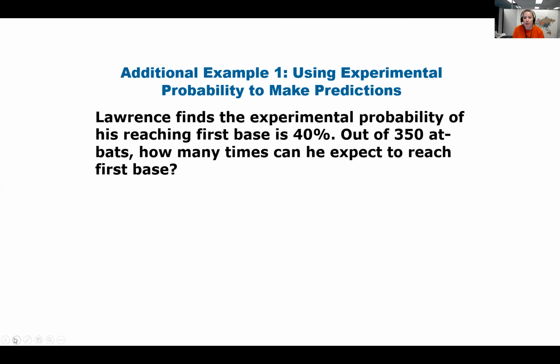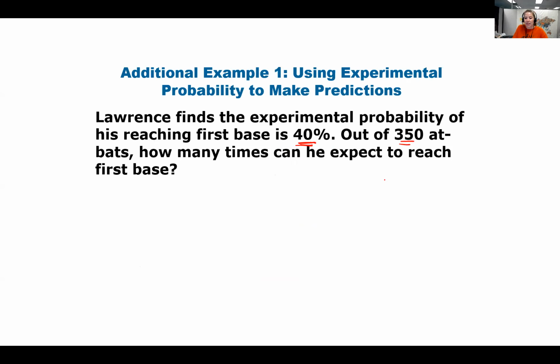Lawrence finds the experimental probability of his reaching first base is 40%. Out of 350 times at bat, how many times can he expect to reach first base? So basically, we're going to turn our percent into a decimal, and we want to know what is 40% of 350.